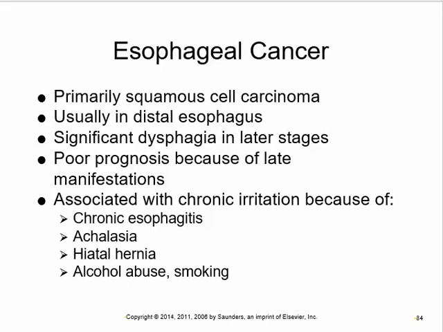The esophagus can get cancer. It is a squamous cell carcinoma because the mucosa of the esophagus is a stratified squamous epithelium. It usually happens in the distal esophagus because that's where most of the damage happens.